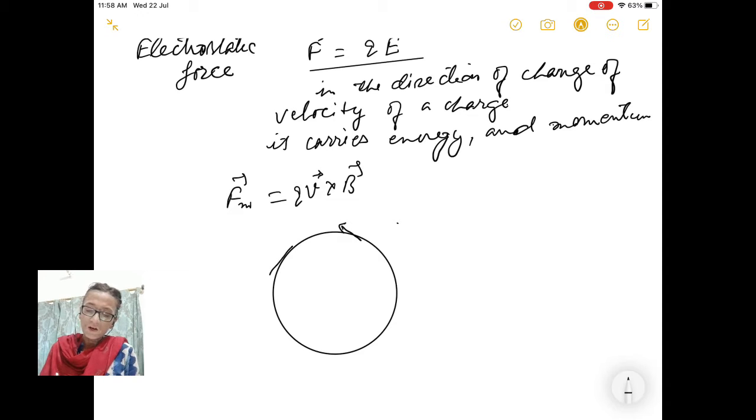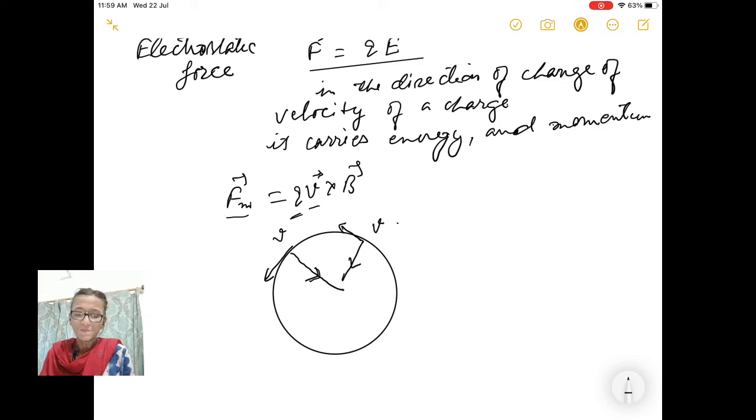In uniform circular motion, velocity is along the tangent direction at each and every point, and the force is along the center, and that force is called centripetal force. Now here the magnetic force is also perpendicular to velocity, so the force will always be along the center of the circular path, and the charge will move on a circular path.